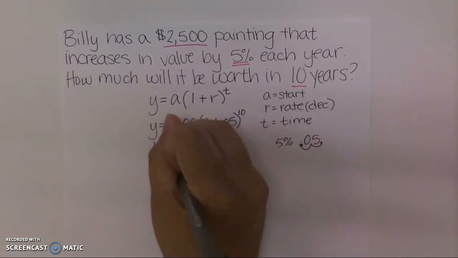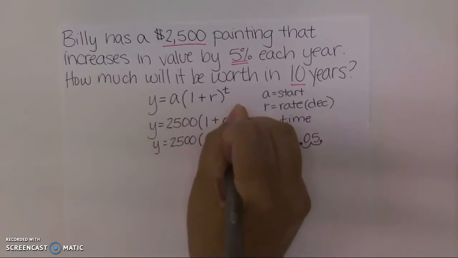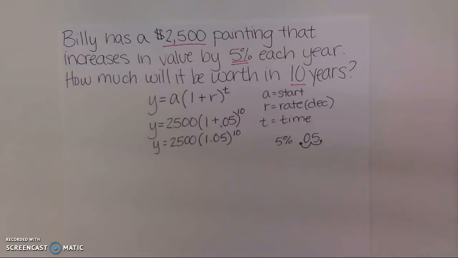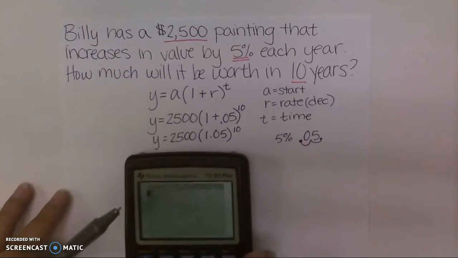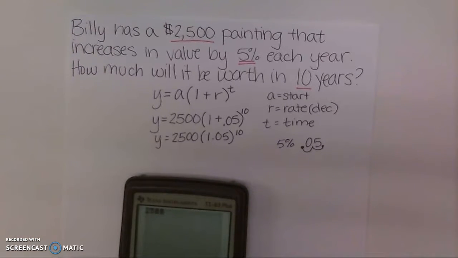So I'm going to really quickly simplify what's in the parentheses there, and now I'm going to take my calculator, I'm going to plug it in. So I have 2,500 times 1.05 to the 10th.